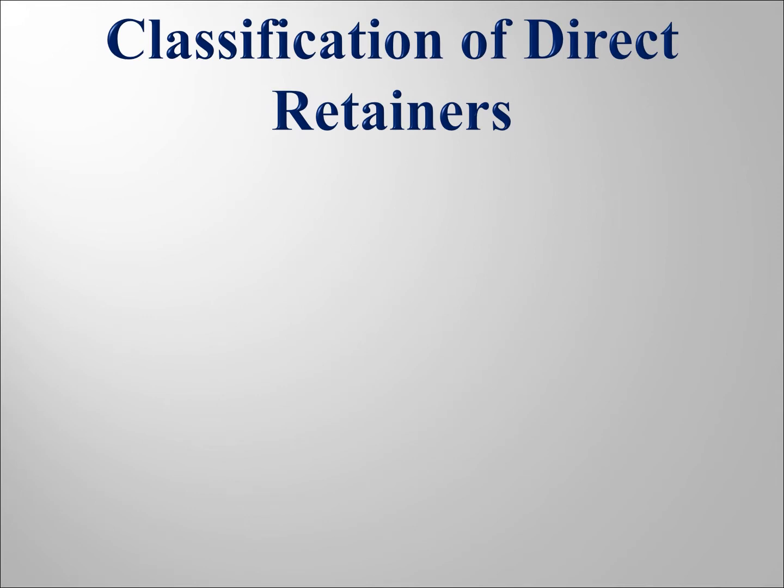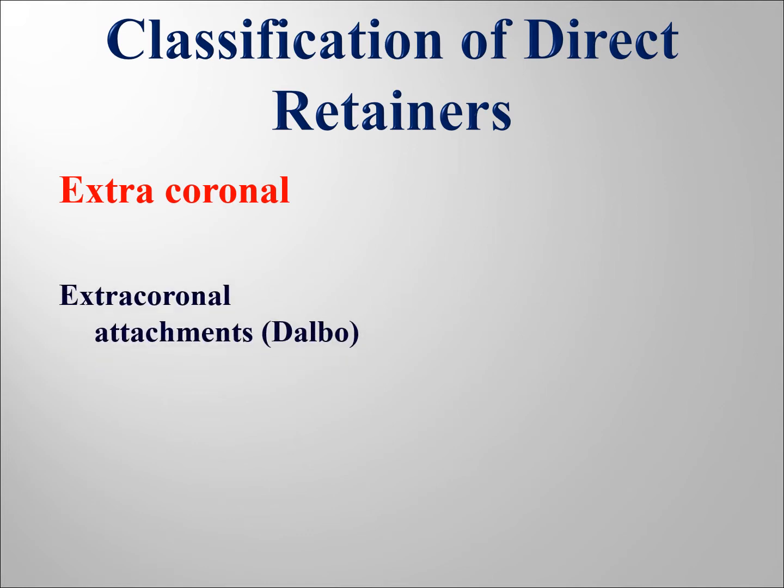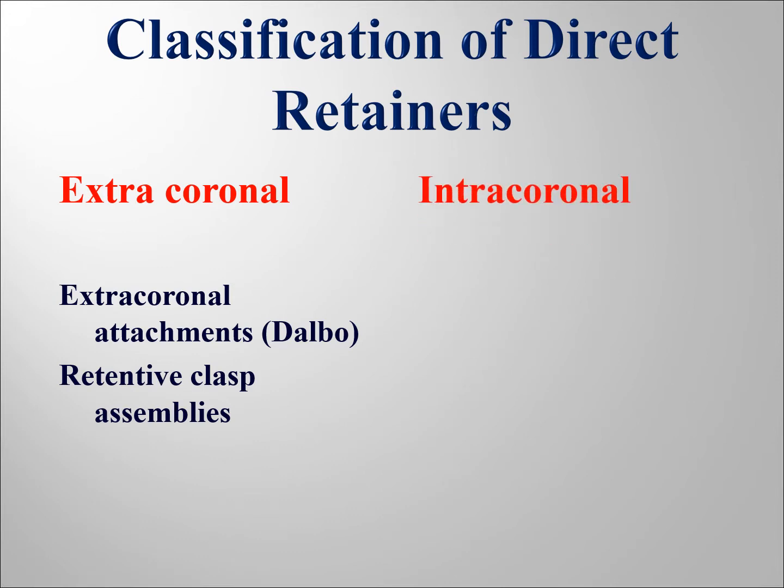Now, the classification of direct retainers. They can be classified into extracoronal, and extracoronal direct retainers can be classified into extracoronal attachments like Dalbo, for example, and or retentive clasp assemblies, while intracoronal direct retainers are mainly precision attachments.